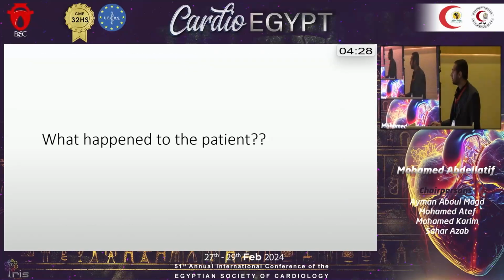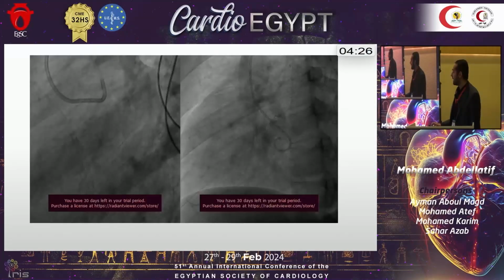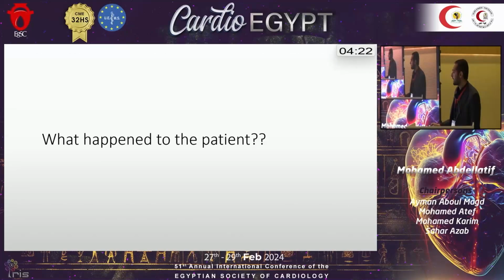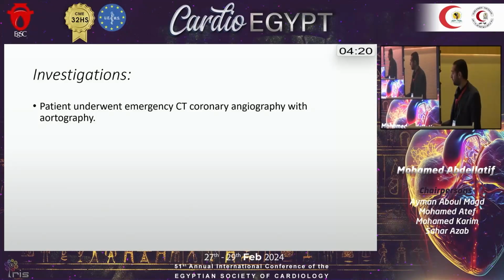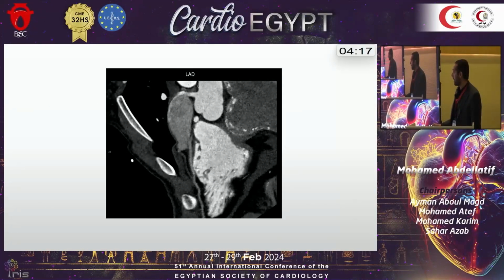So we decided to do a CT coronary angiography to visualize the right coronary artery. Those were the photographs of the CT coronary angiography. Here you can identify the left main, which is okay, and then the LAD was huge.